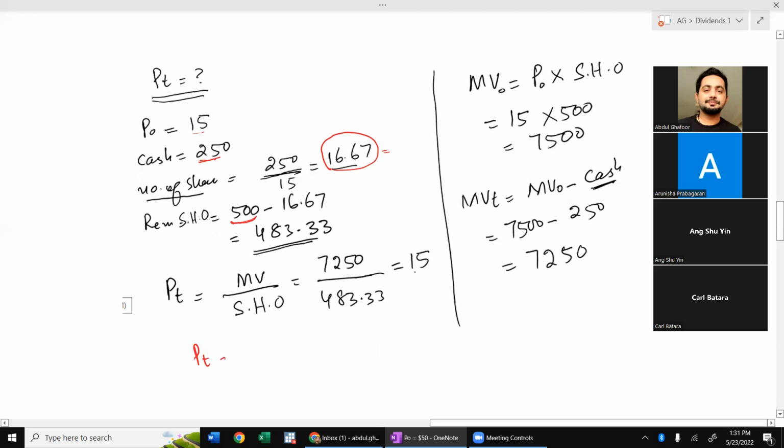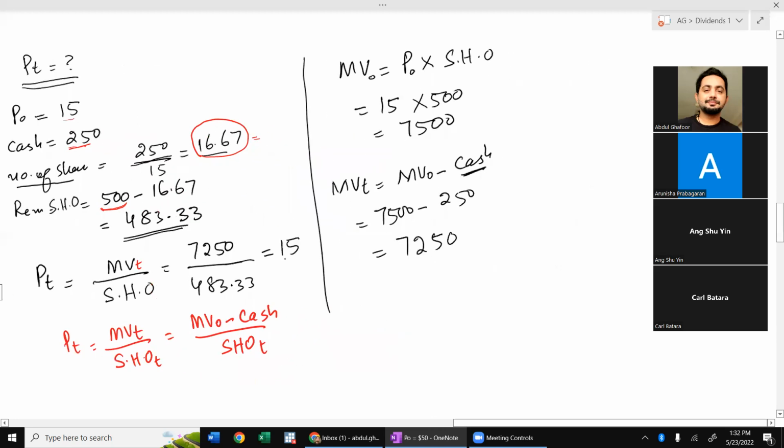So what is the MV? Price after the share repurchase is equal to MVT divided by shares outstanding at T. MVT is always equal to MV0 minus the cash distributed. To get it, we first calculate MV0, price times shares outstanding, 15 times 500, 7,500.